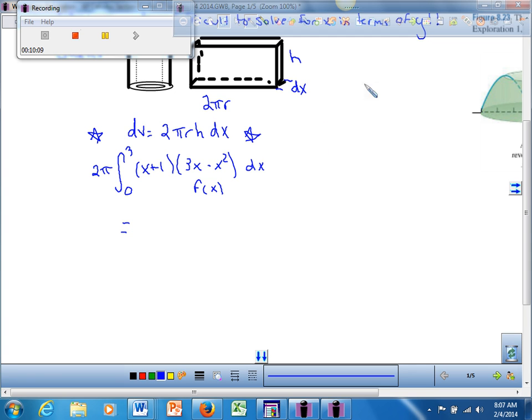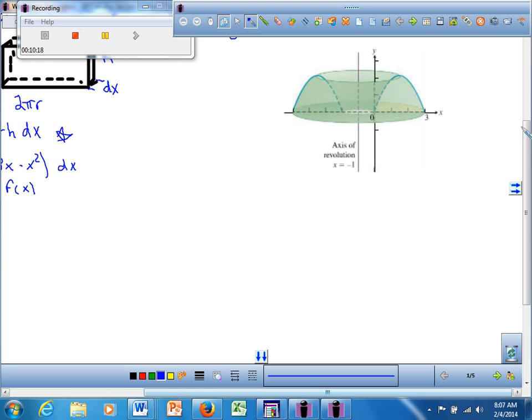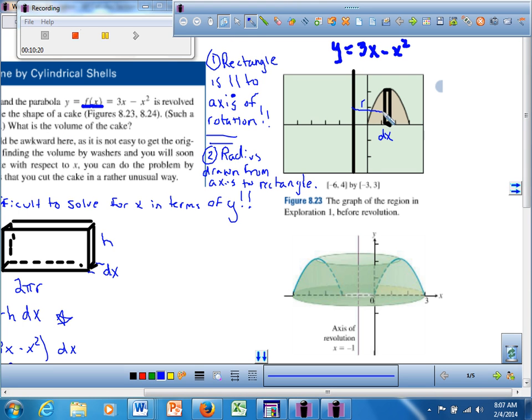Let me go back and show you. Question is, where does the x plus 1 come from? I'll show that while you guys are calculating. All right, so see my radius from the axis to the rectangle. Well, the distance from the y-axis to the rectangle will change with every shell, right? And that's going to be x. That distance from here to here is the x.